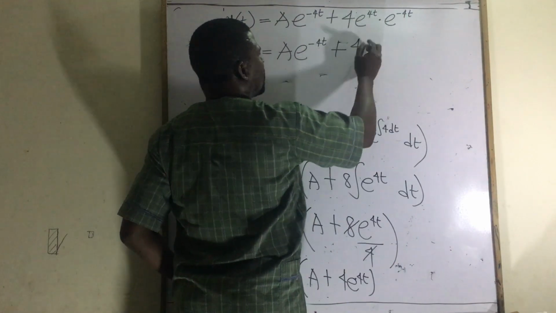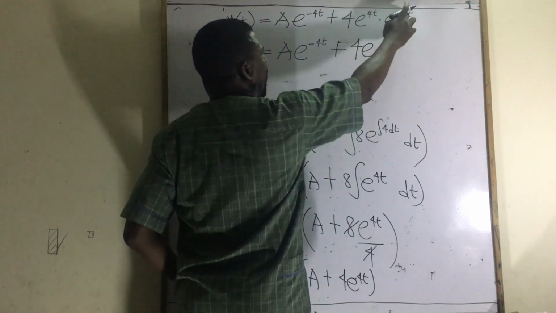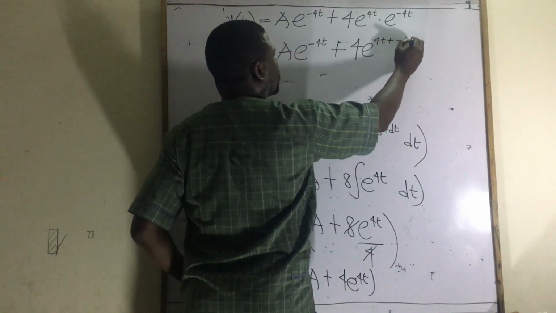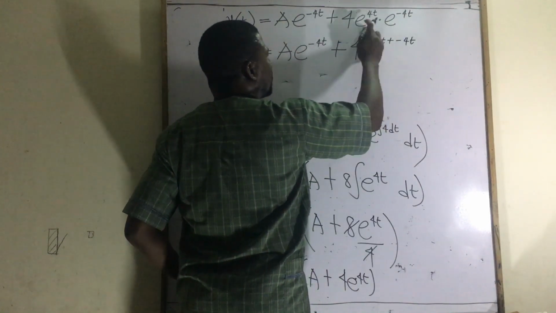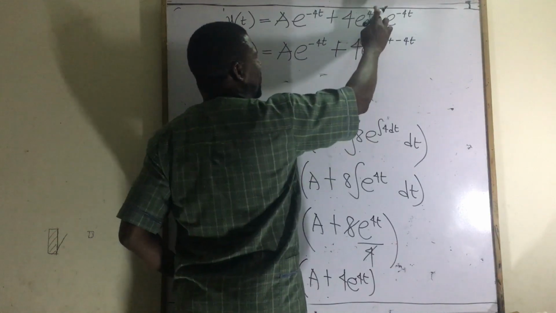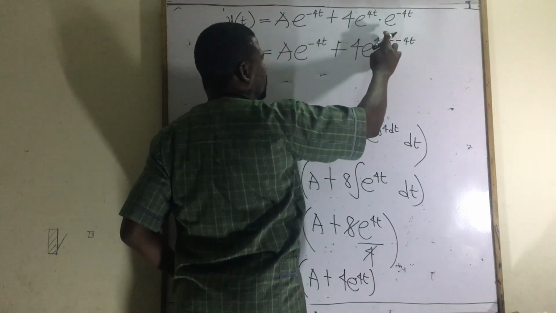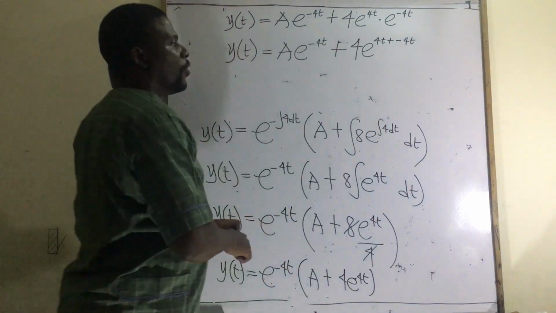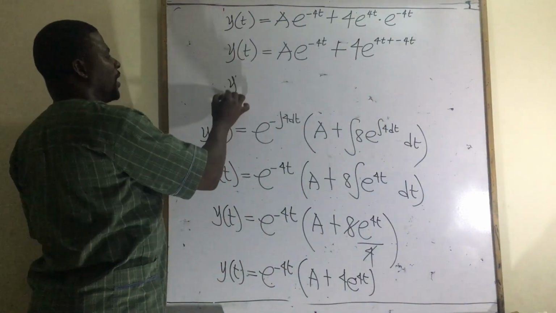Now law of indices, because they have the same base, I will add the power. So it will be 4t plus minus 4t. They have the same base. Pick one of the bases, then add the power. This is 4t, this is minus 4t. You add it. Law of indices is what is applied there.